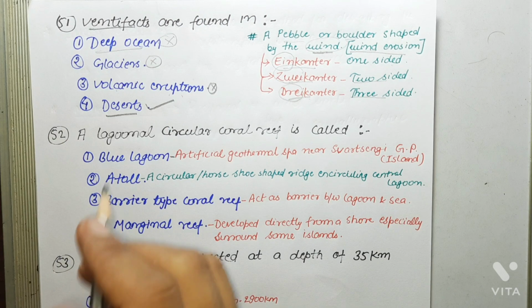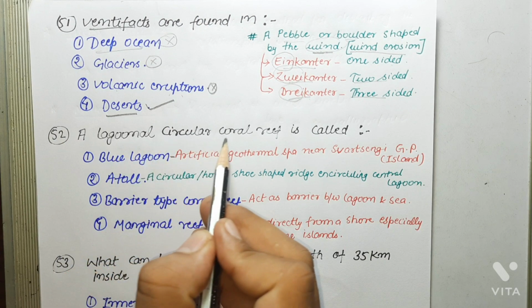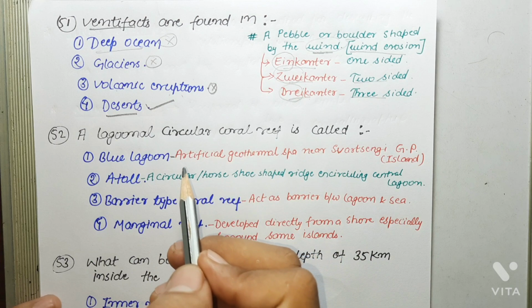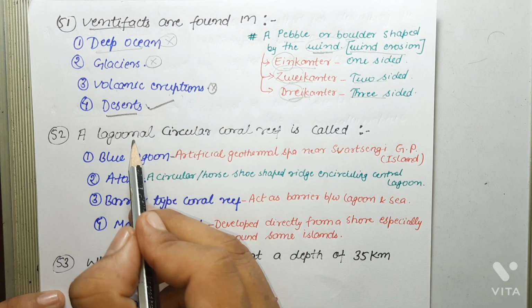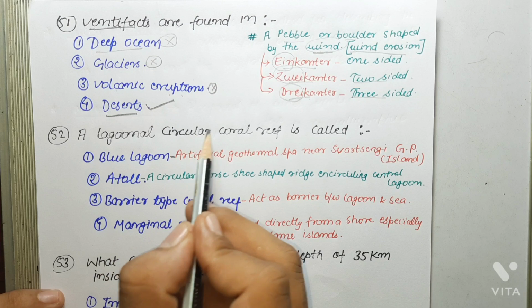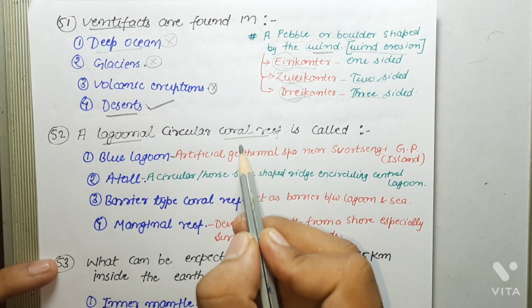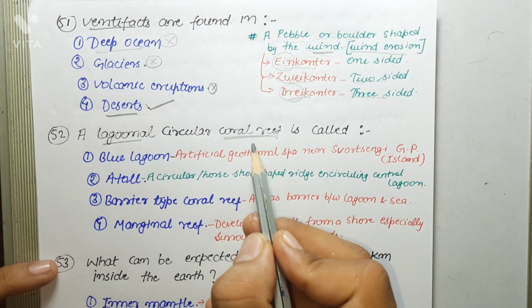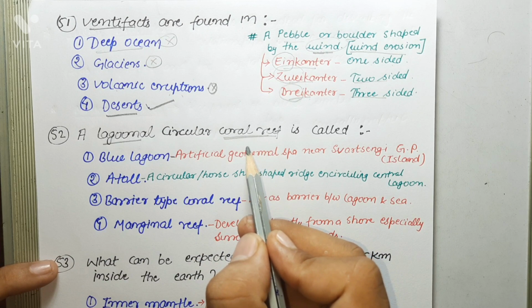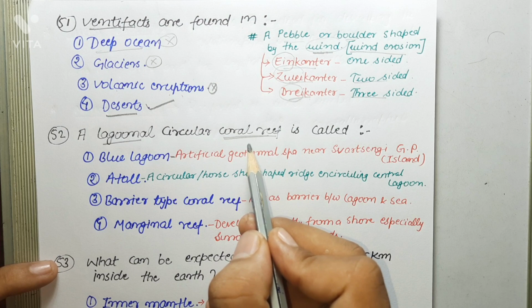Next question is, a lagoonal circular coral reef is called. Now there are two terms in this question itself. One is lagoon and the other is coral reef. What are coral reefs? Coral reefs are ridges which are formed by secretion of calcium carbonate by corals.